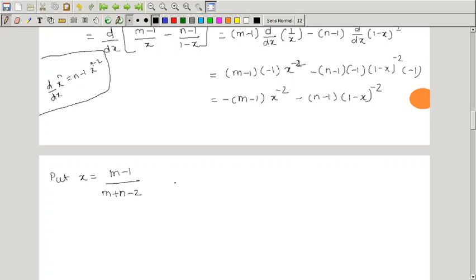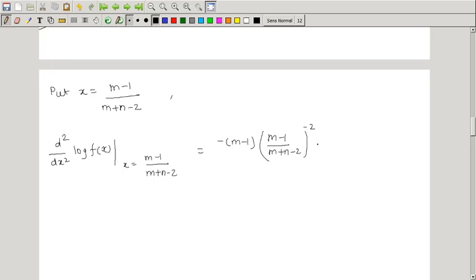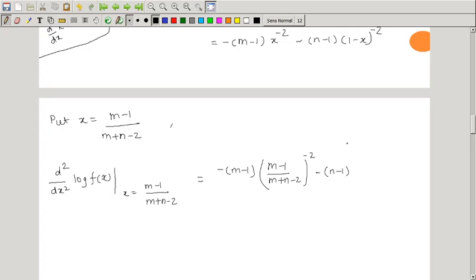So we get the second derivative d square by dx square of log of f of x at x equal to (m - 1) upon (m + n - 2): minus (m - 1) into ((m - 1) upon (m + n - 2)) raised to minus 2, minus (n - 1) into (1 - (m - 1) upon (m + n - 2)) raised to minus 2.